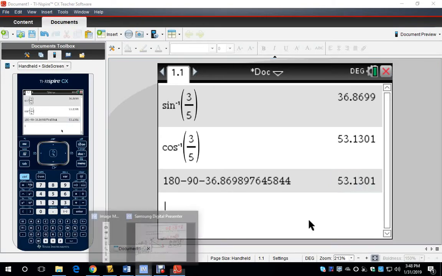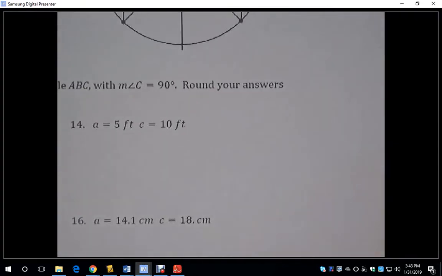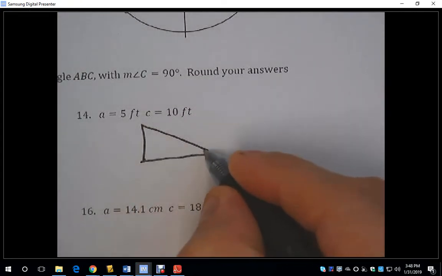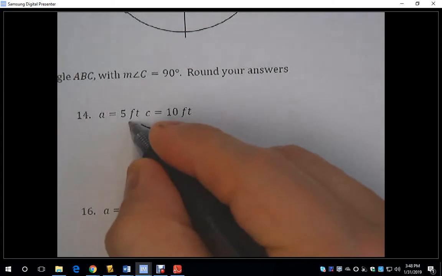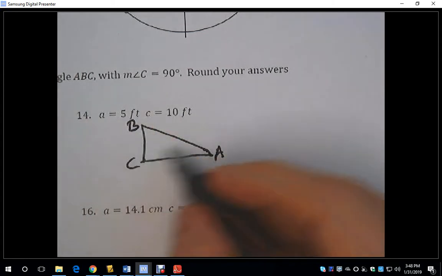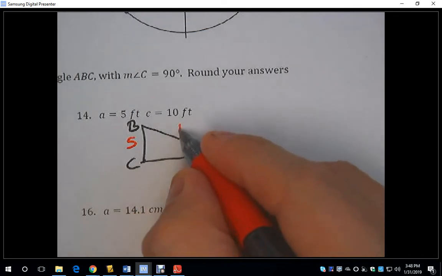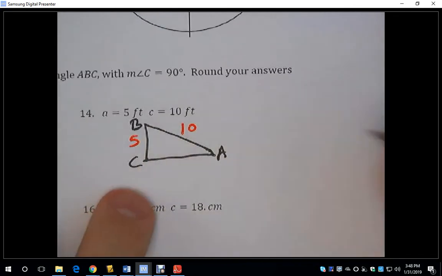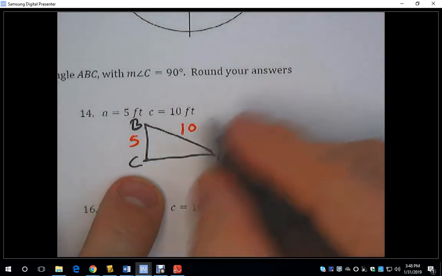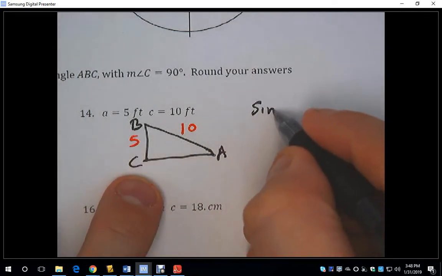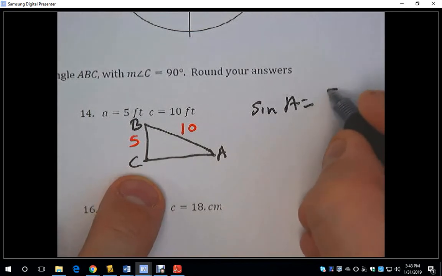All right, so let's look at the next one. I have some right triangle with angles A, B, and C, and I have length A of 5 and length C of 10. Again, we have opposite over hypotenuse, so we're going to use sine. Sine of angle A equals 5 over 10.